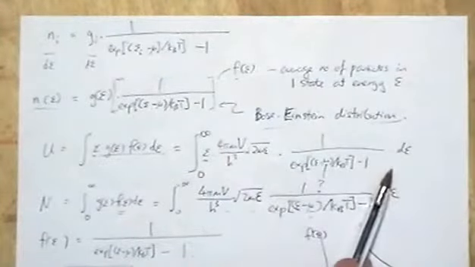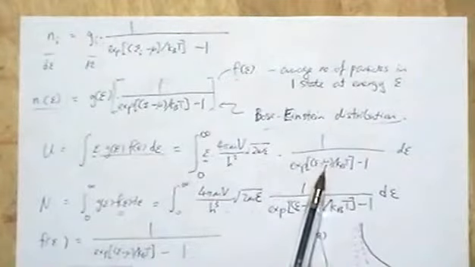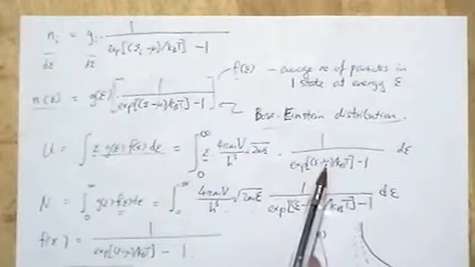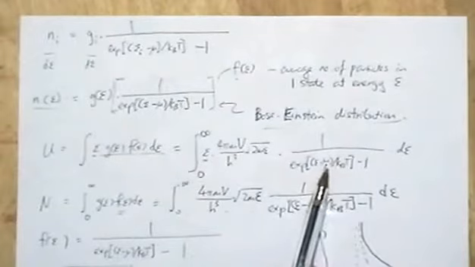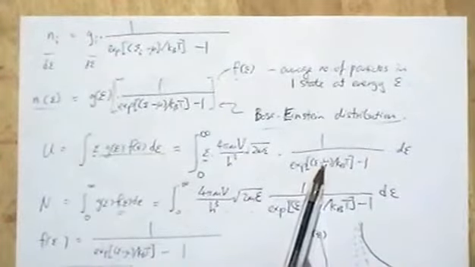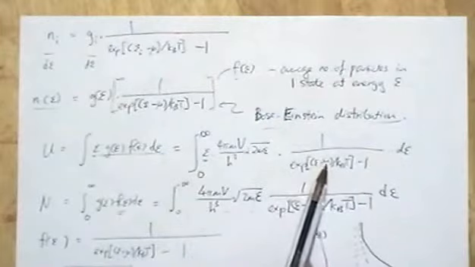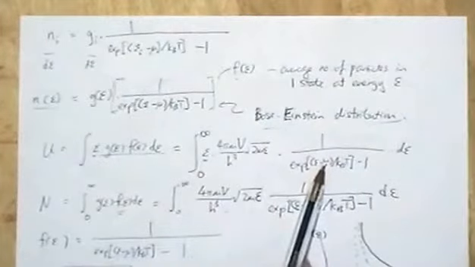And remember that we were not able to integrate this because we did not know what mu was. Now we know, well, not completely, but we know that mu is 0 below the Bose Einstein condensation temperature.